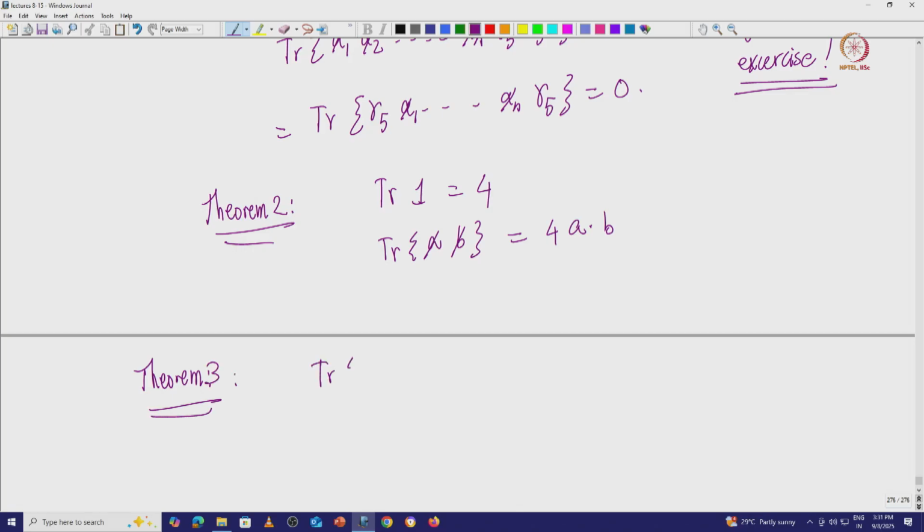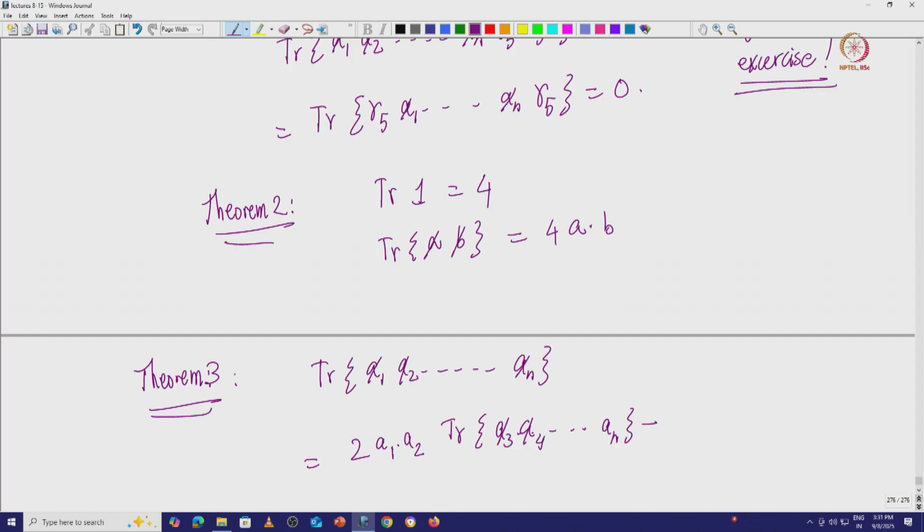So trace A1 slash A2 slash AN slash is equal to A1 dot A2 trace A3 slash A4 slash AN minus... Okay.